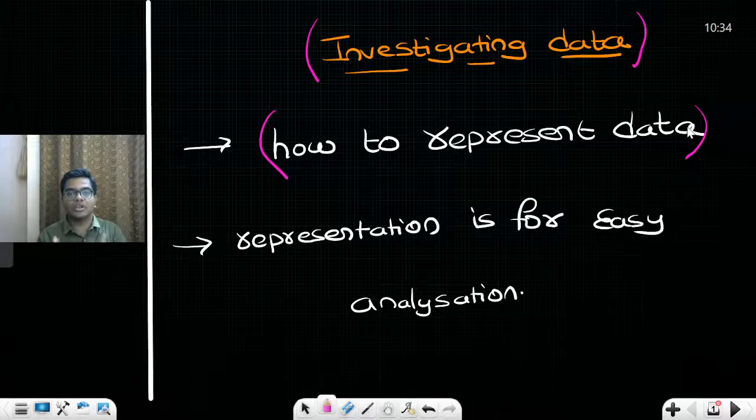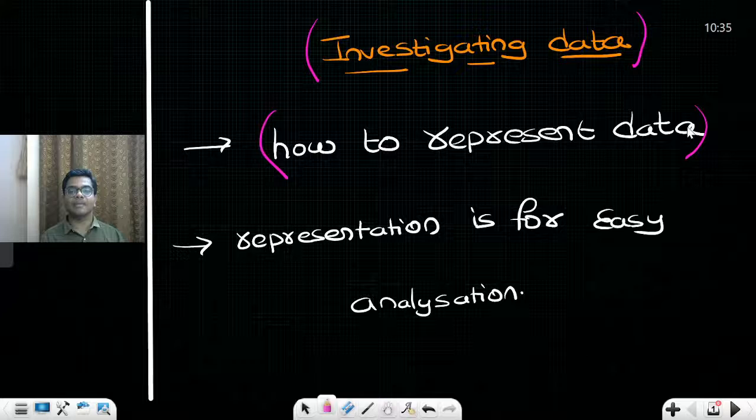So we should represent the data that we collect. If you don't represent the data in a visual format, Akshita, it is very difficult to analyze it. Otherwise the monitoring people will not know how many people we still have to vaccinate, how many vaccines have to be imported, how many vaccines have to be manufactured.